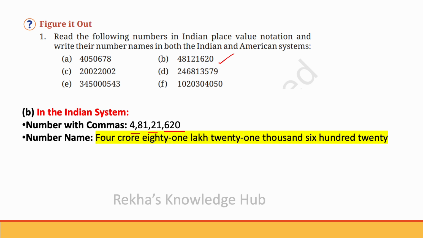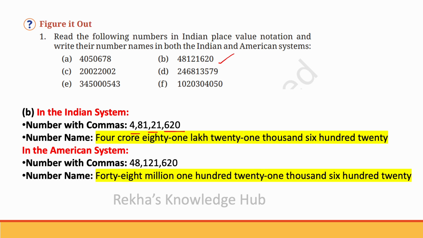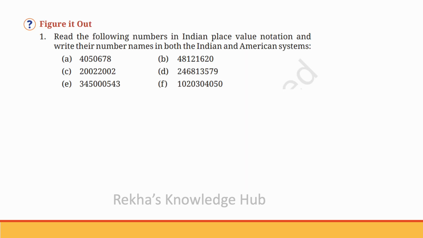This number name is 4 crore 81 lakh 21,620. In the American system, we will put commas like this. Put commas after every 3 digits from right. So this is 48,121,620.